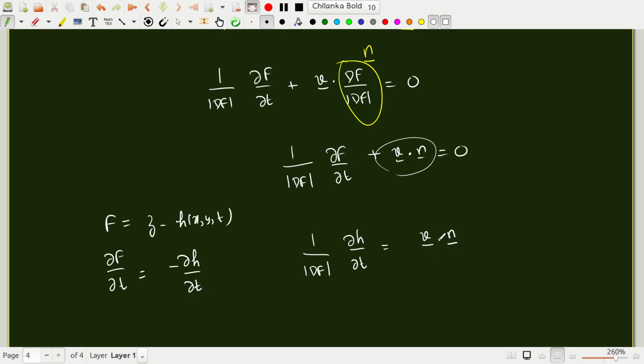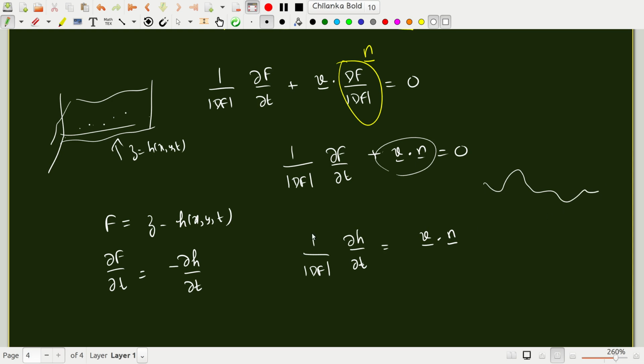So basically what this is saying is that the reason why the height of the interface changes in a given coordinate frame, if you remember, this is the height z is equal to h of x, y, t, the reason why the height changes as a function of time is because if there is a non-zero normal velocity, and if that normal velocity keeps changing across each and every point in the interface, then the height will also change differentially at each and every point in the interface.